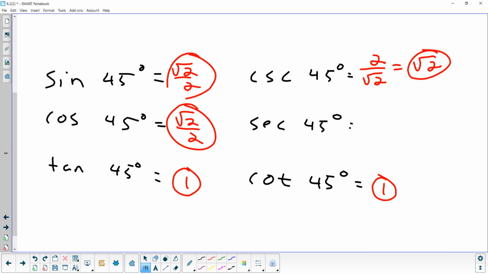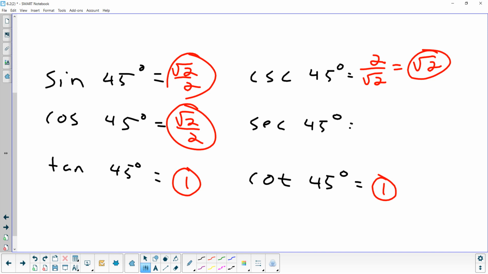How about my secant of 45? Julie? Square root 2 over 2. It's not the same as the cosine. So, Michael, can you help her out?